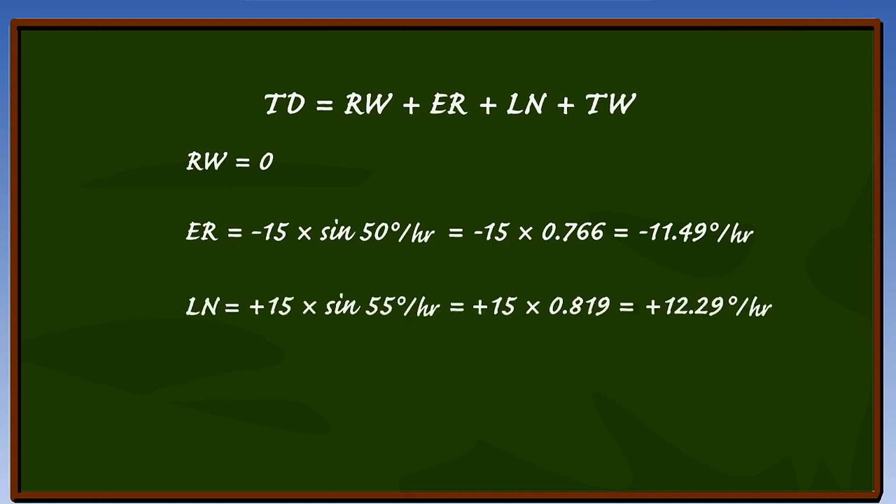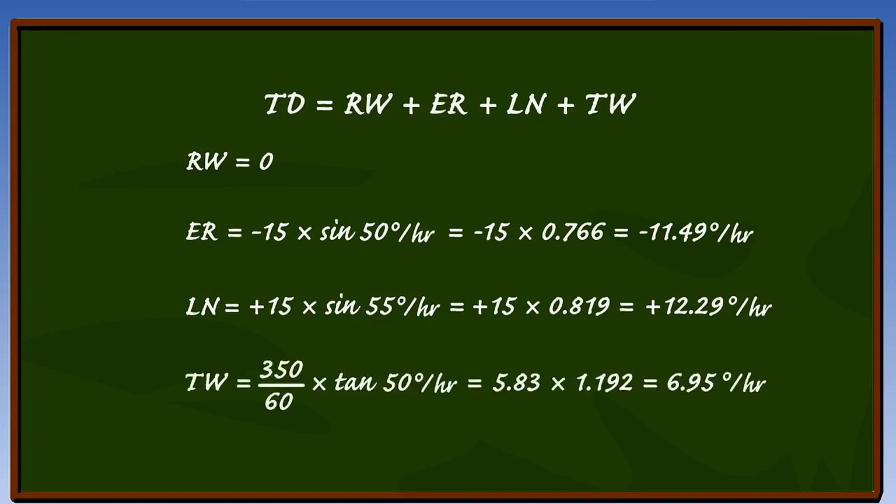The latitude nut error is 15 times sine 55 degrees per hour, and the sign is plus. Transport wander error is 350 divided by 60 times 10 sine 50 degrees per hour. Transport wander is to the west, so the sign is plus.